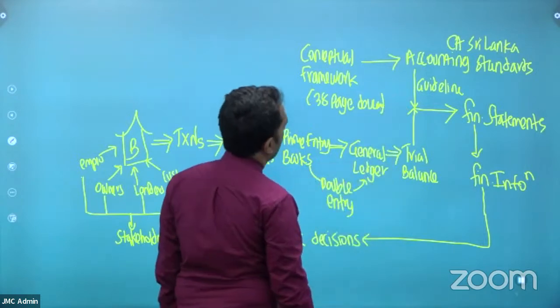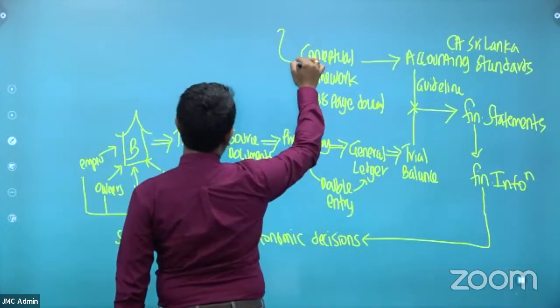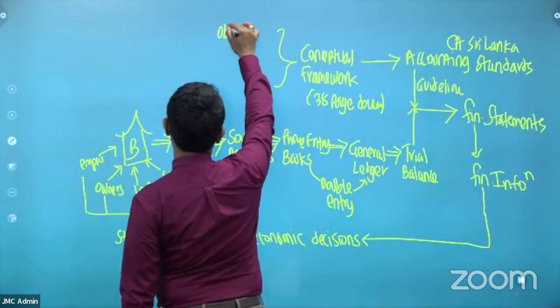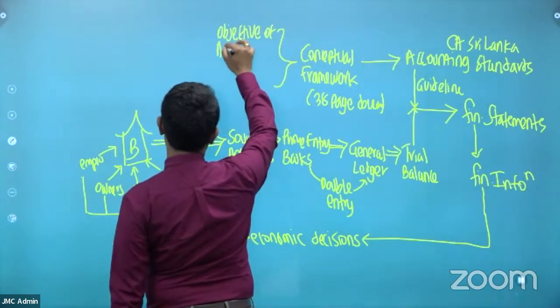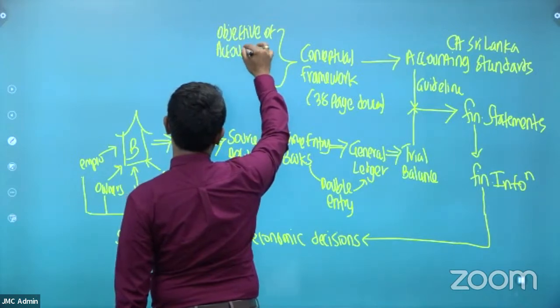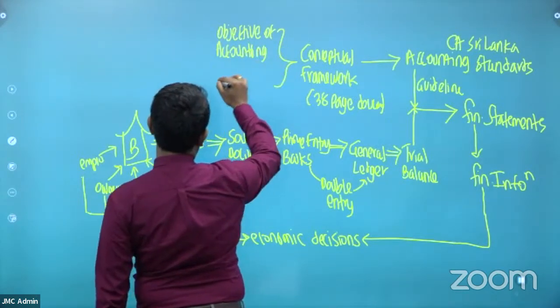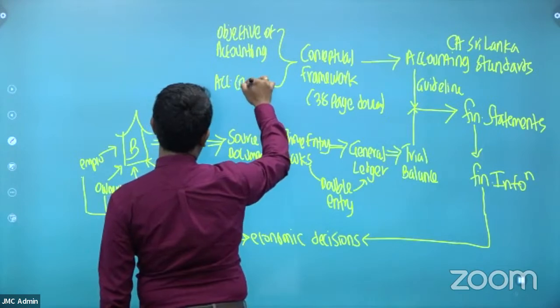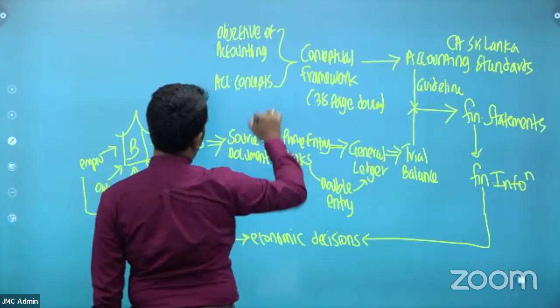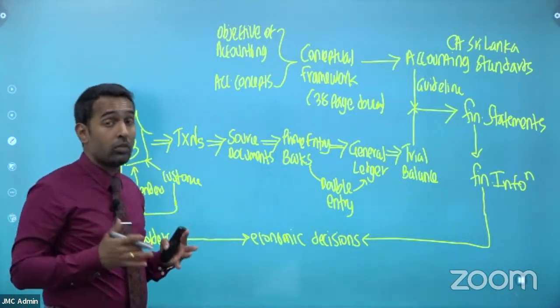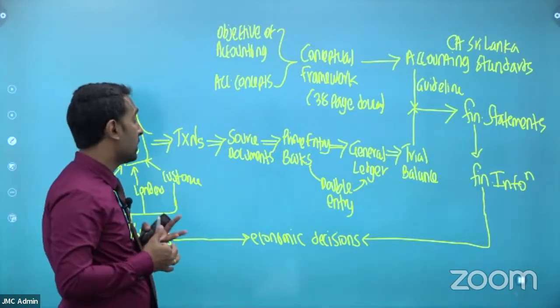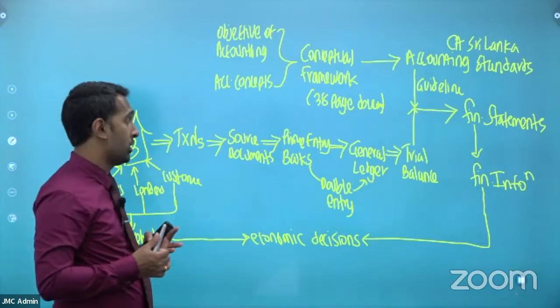This conceptual framework includes basically 2 things: the objective of accounting and accounting concepts, in a broad nature.